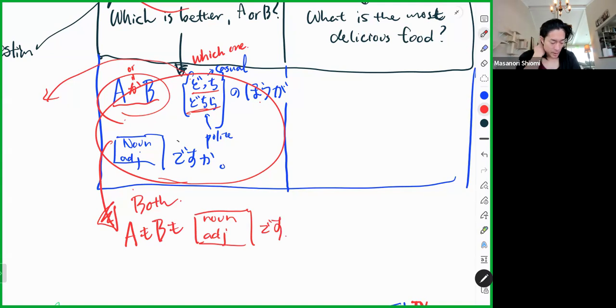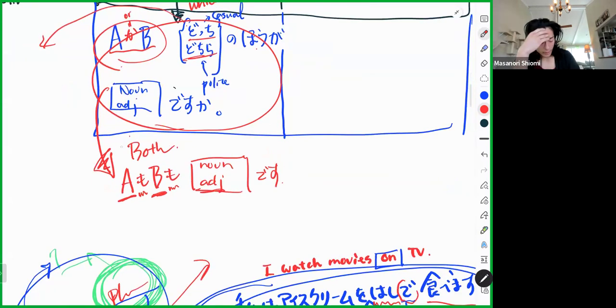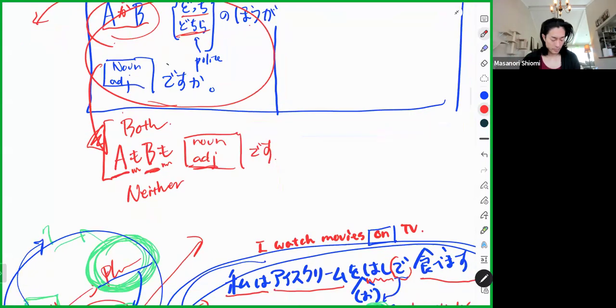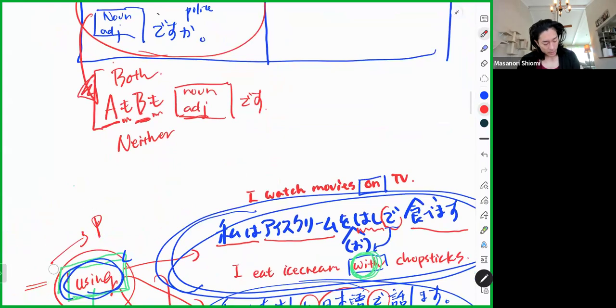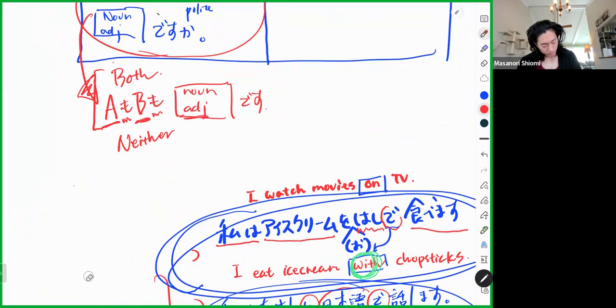For example, マクドナルドもバーガーキングも美味しいです。Both McDonald's and Burger King are delicious. On the other hand, if you want to say neither, same thing, A も B も.